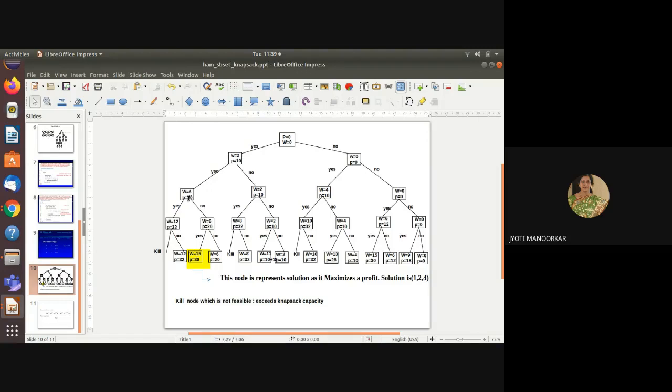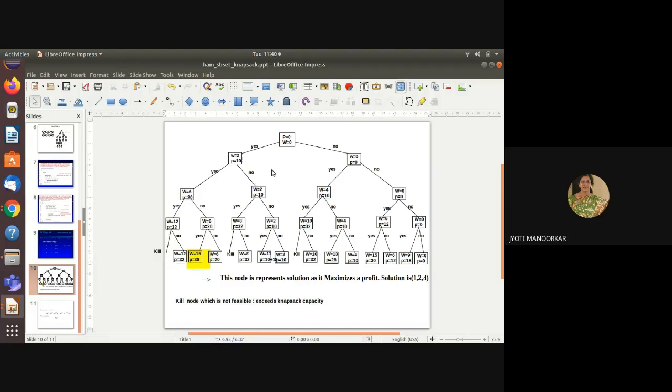Then from the second level to the third level, the third element is not included. And from the third level to the fourth level, the fourth element is included. So your solution vector is 1, 2, 4. This is how you can denote the solution for the 0/1 knapsack problem with a backtracking state space tree representation.